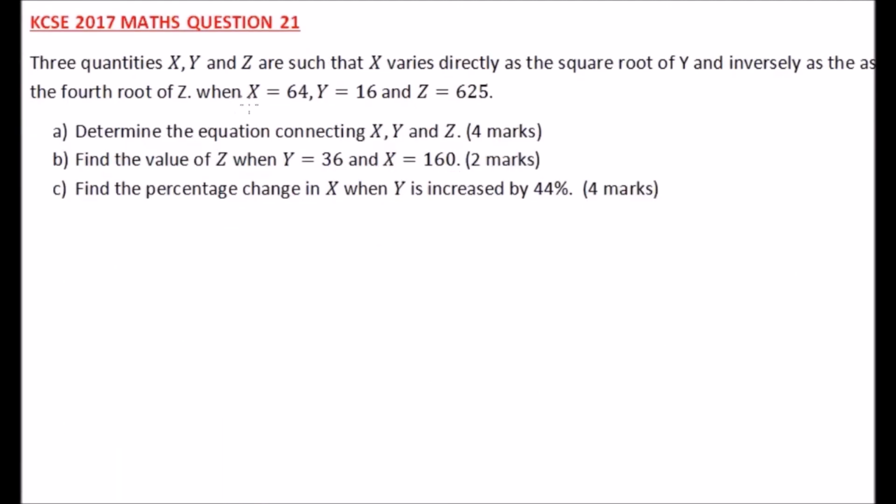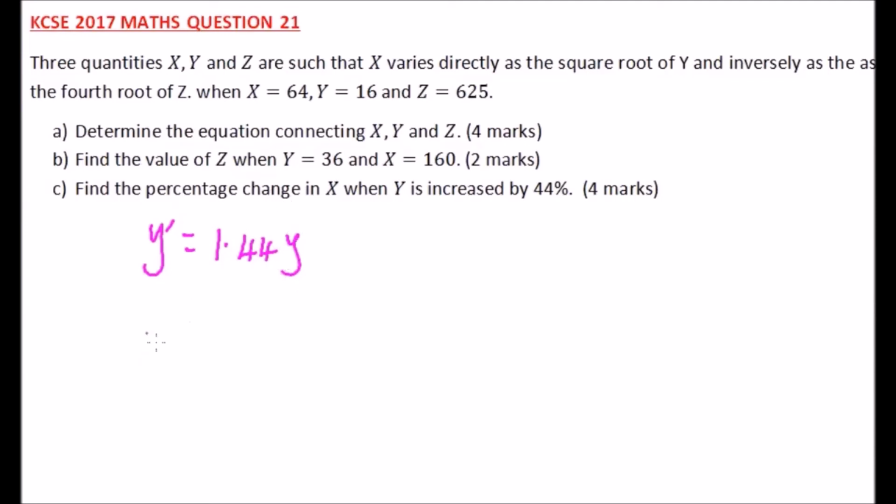Now, part C of the question: find the percentage change in x when y is increased by 44%. Here we can say, if y is increased by 44%, what it means is our new y, that is y prime, is equal to 1.44 of the old y.